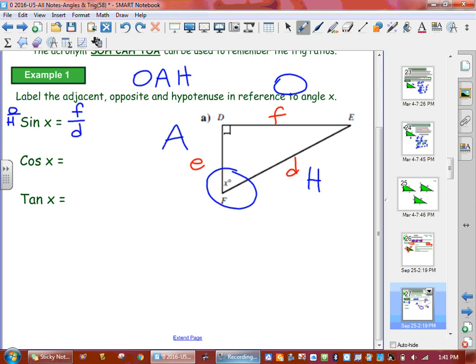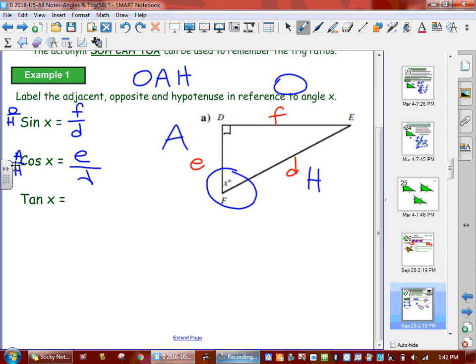Cos of X, cos wants A on top of H. So it wants your adjacent leg on top of the hypotenuse. So which one is your adjacent leg? Which letter in red? Baby e. And who is your hypotenuse? H. Baby d. Yep.